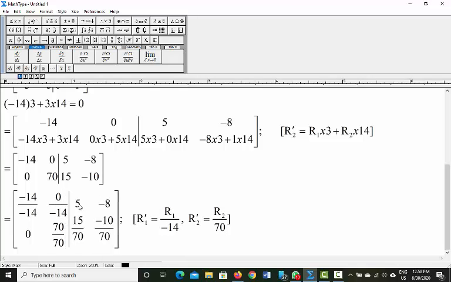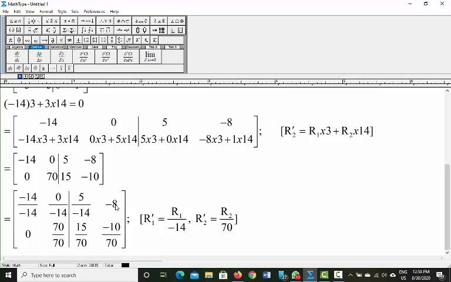Similarly here, this 5, since you are dividing all the elements of the first row by minus 14, also needs to be divided by minus 14. So as you can see, all the elements of the first row have been divided by minus 14.